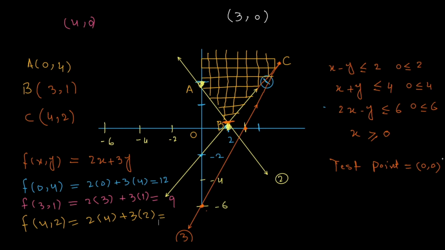Okay, it is 14. So what is the minimum value? The minimum value is 9. You can check over here, the minimum value is 9. So the function has a minimum value.